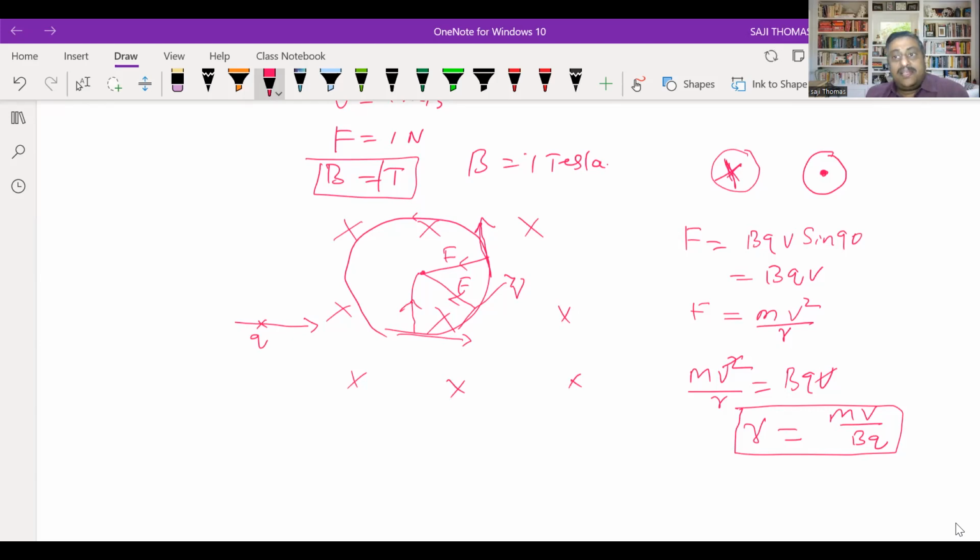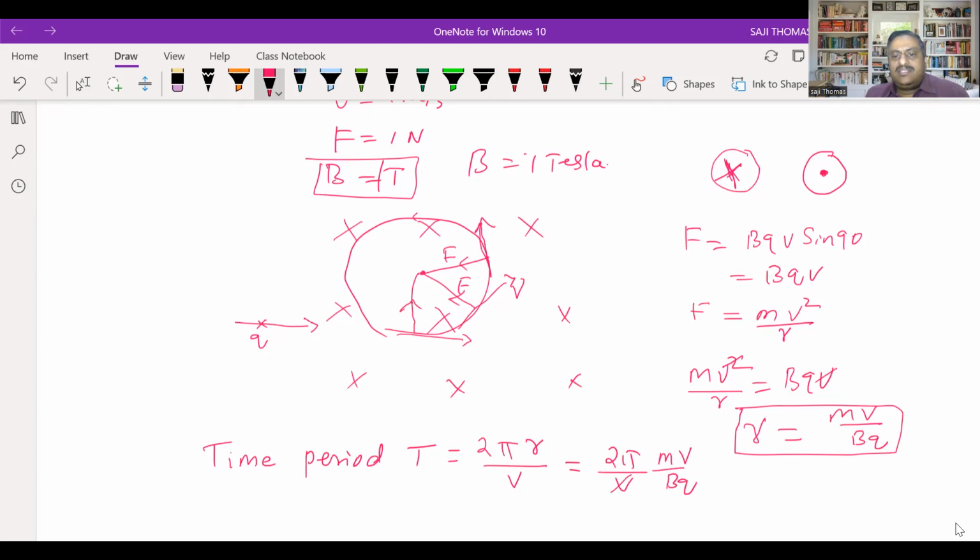Okay, children, now we can find out the time for one complete circular motion. That is known as the time period. T equals distance by velocity. What is the distance for one circular path? The circumference, so T equals 2 pi r by v. You can put the value of r there, 2 pi by v into mv by Bq.